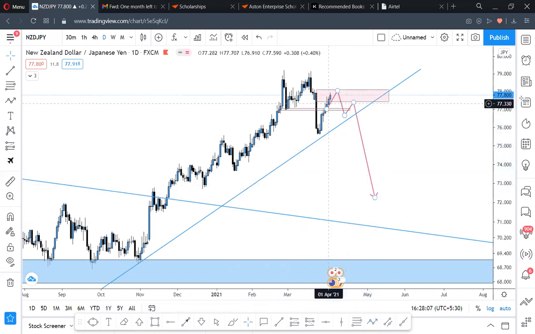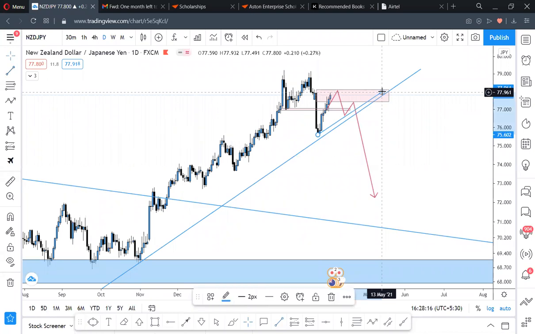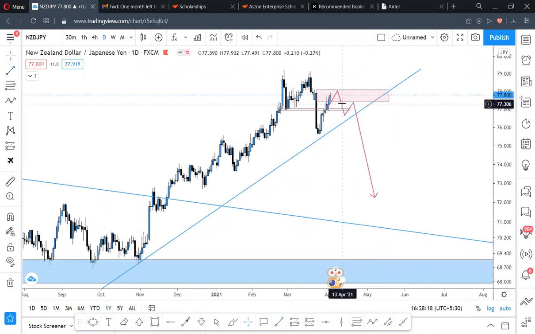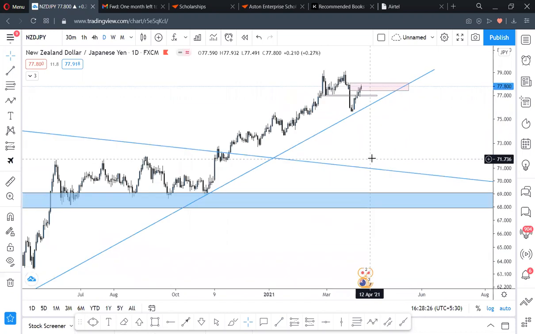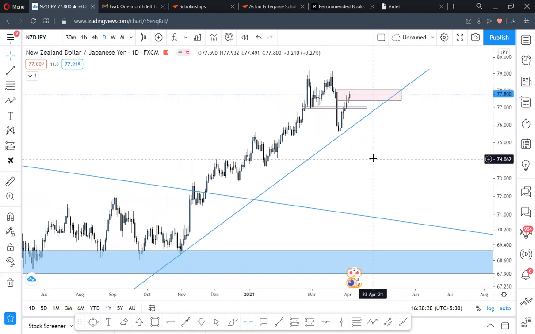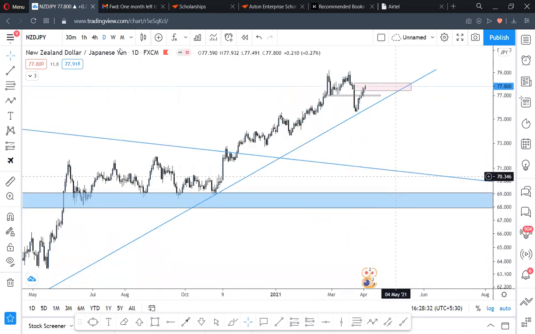And if it does this, we will be able to draw our correction as such. But it hasn't happened. So let's quickly wait and see how price reacts towards this zone and this order flow zone. Got to be careful of that 78 zone. That's what I'll be waiting for.